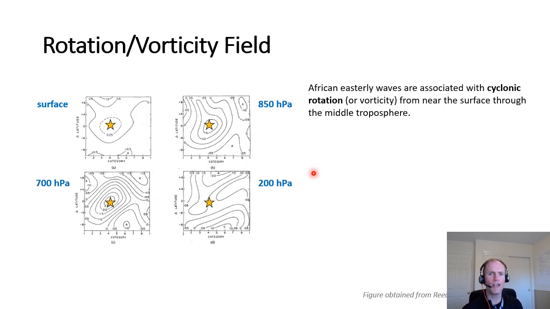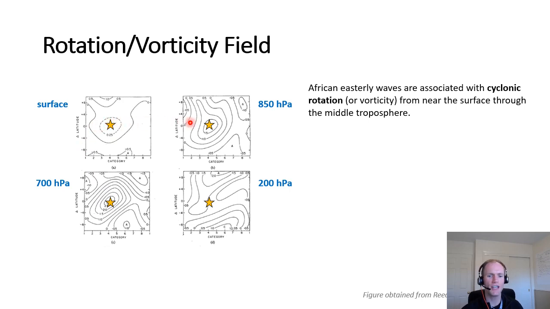We can quantify that curvature of the field in terms of the rotation, or the vorticity field. In the surface, 850, and 700 hectopascal charts, the contours that we're looking at here are all positive valued, denoting cyclonic rotation: 0.25 times 10 to the minus 5 inverse seconds at the surface, 1.5 times 10 to the minus 5 inverse seconds at 850, and 3 times 10 to the minus 5 inverse seconds at 700 hectopascals.